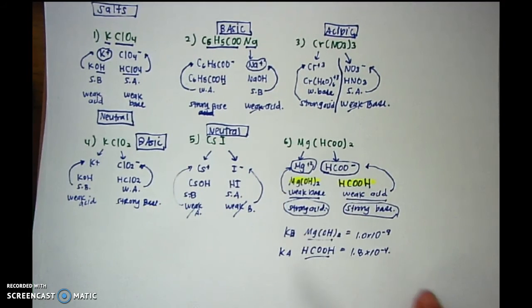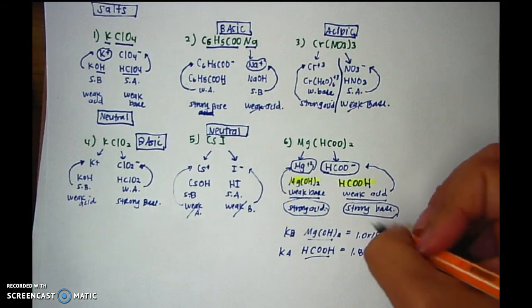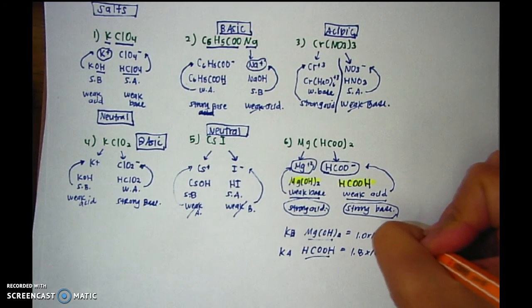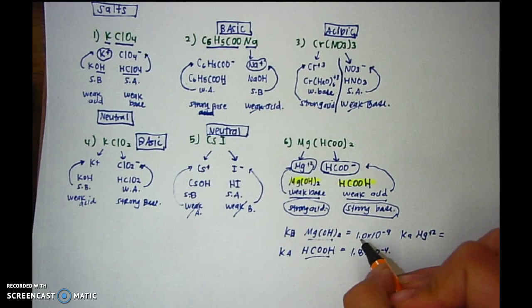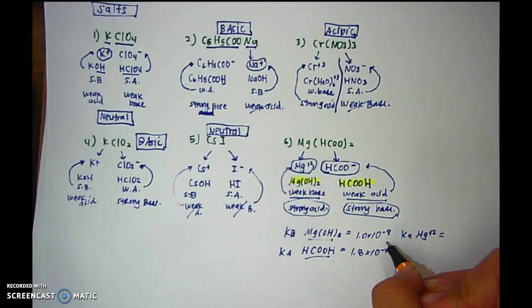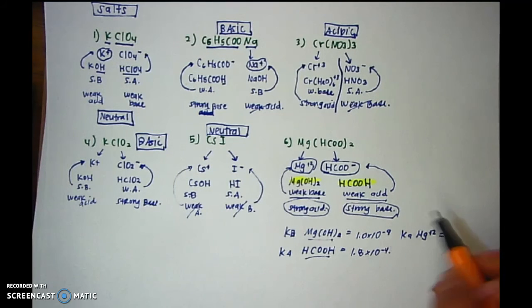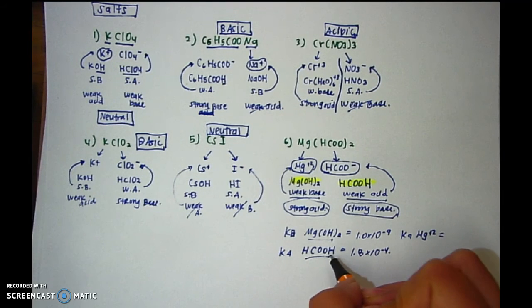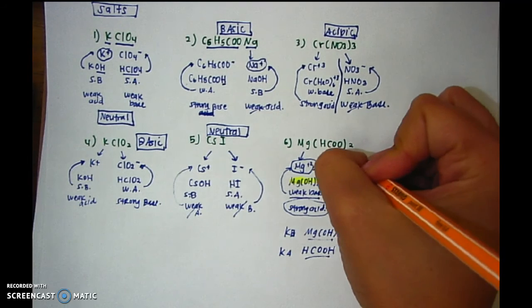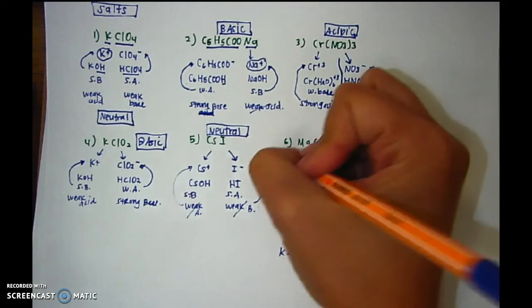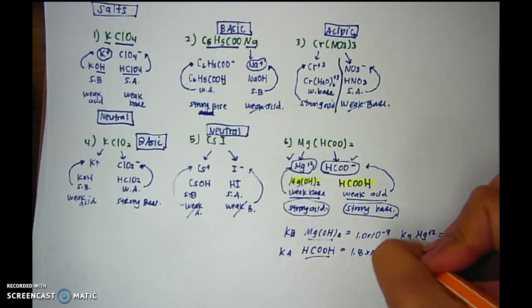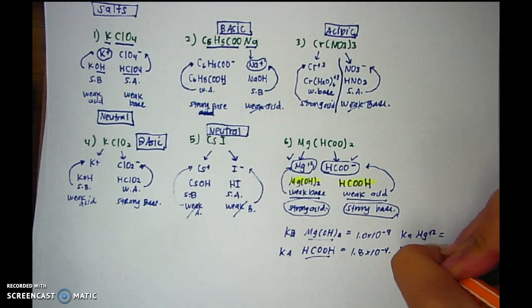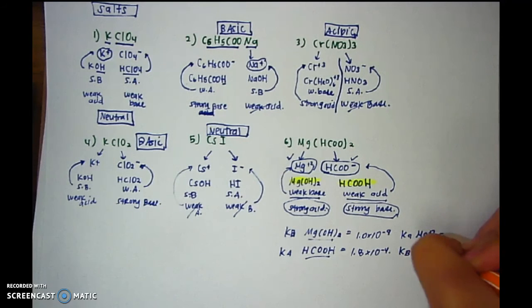So you could take what they gave you, and I could solve for the Ka of Mg plus 2 by just taking my 1 times 10 to the -14 and then dividing it out by 1.0 times 10 to the -9. And the same thing here, I don't really want to know the HCOOH. I want to know what the HCOO negative is, because these are my actual cations and anions. And I'm going to figure out what the Kb of the HCOO negative is.